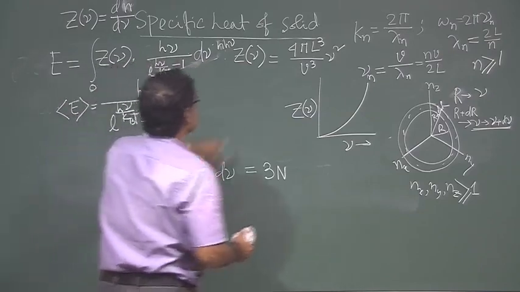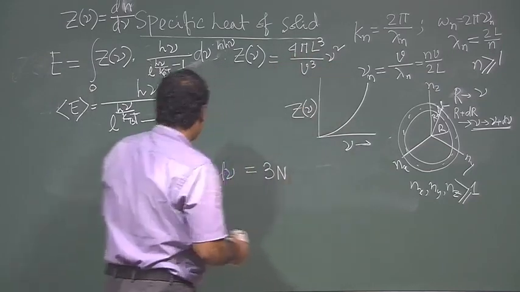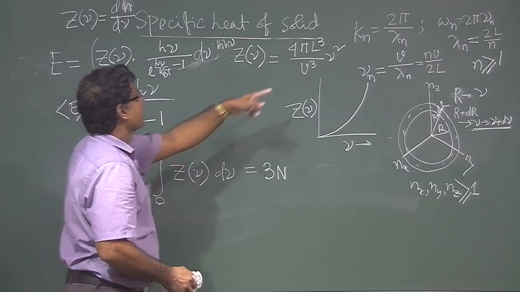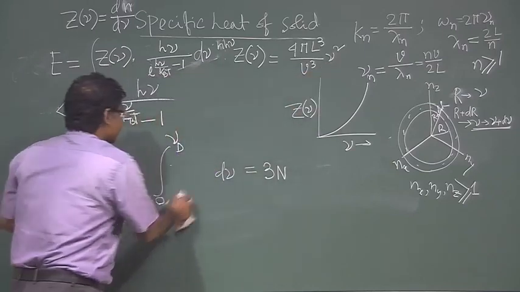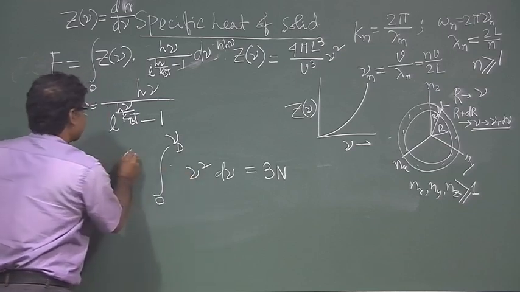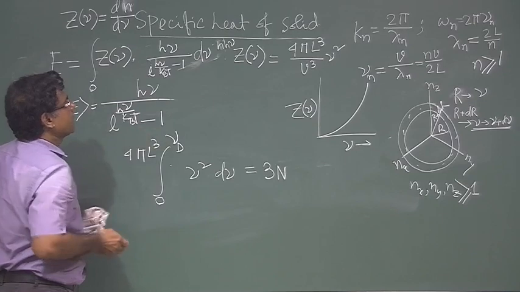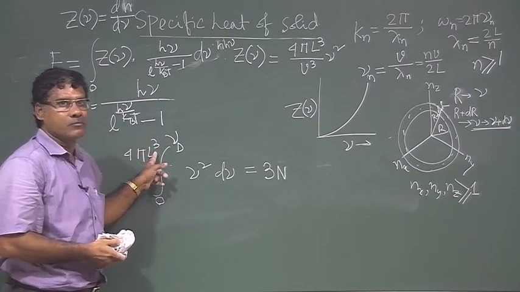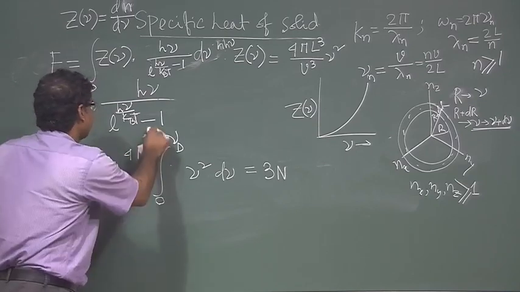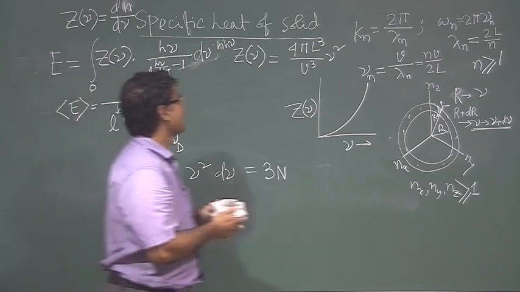So here you can see 4 pi L square, this nu square. So I have to integrate nu square d nu. Okay. So outside it will be 4 pi L cube. So L cube we can write V, the volume of the cube, right.